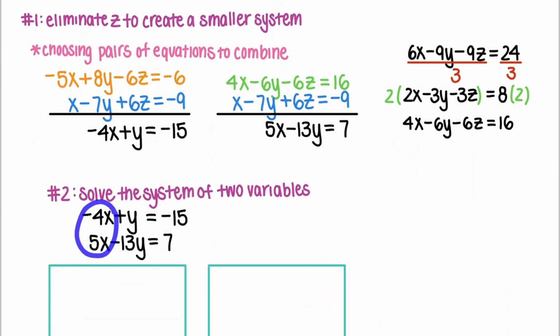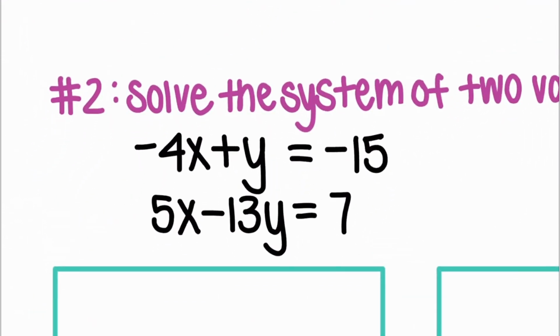So once again, you can choose to eliminate or substitute whatever you want. You can either eliminate x, eliminate y, whatever you want. Here, I'm just going to choose to eliminate y because I only have to multiply the one equation instead of two.